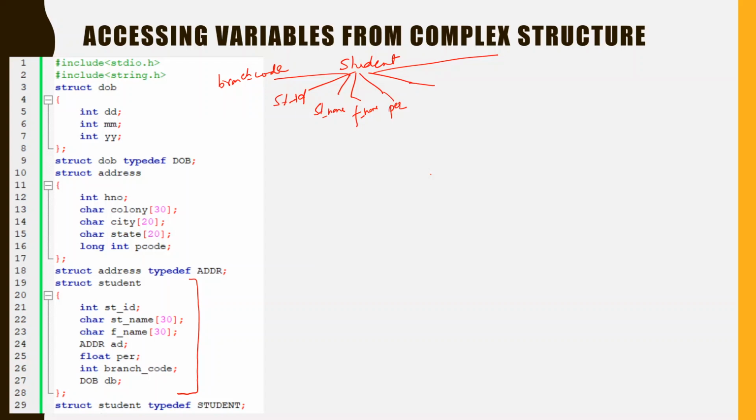And apart from this we want to store two informations, that is date of birth and another information, that is address. So these are the fundamental attributes of the student.